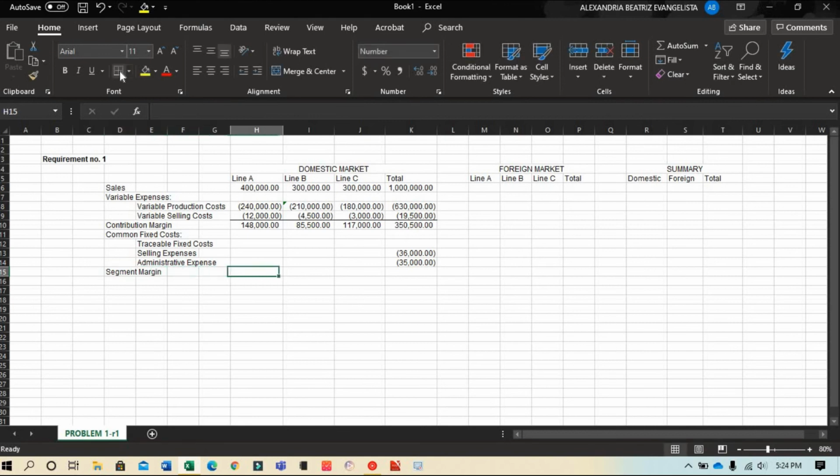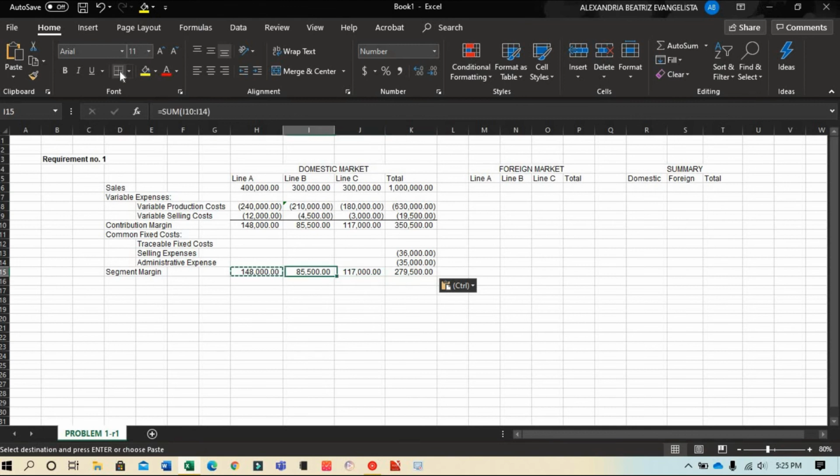So in here, segment margin for line A is 148,000.